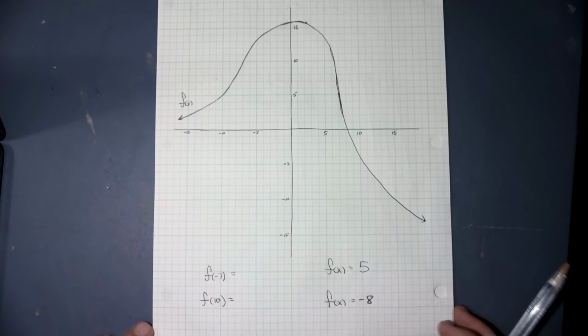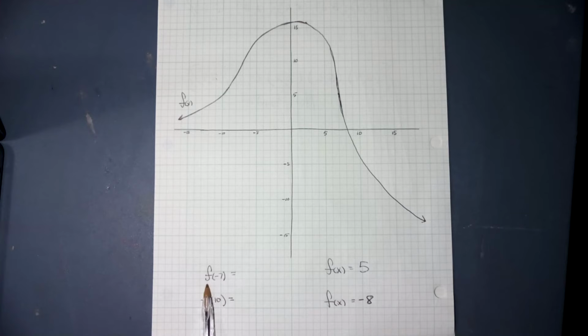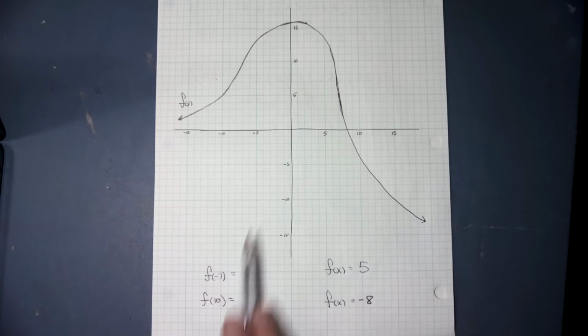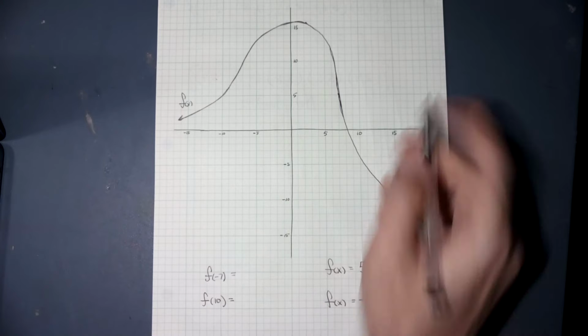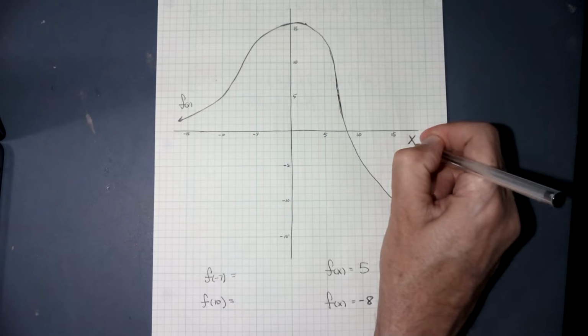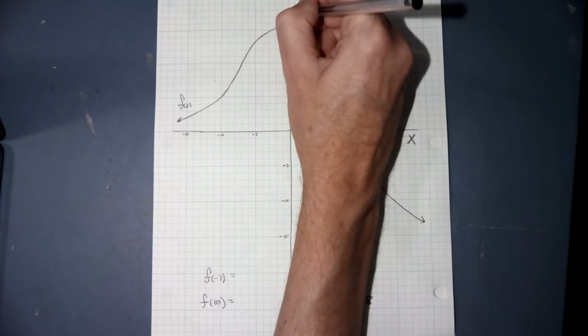So in other words, you might be asked to find what is the function's output when the input, because remember, the inside of the parentheses in this function notation, that's saying the input is -7. What is the output? What is f of -7? Just remember, that's x. So you go along the x-axis. This is the x-axis. I didn't label it, but it is. This is the y-axis.